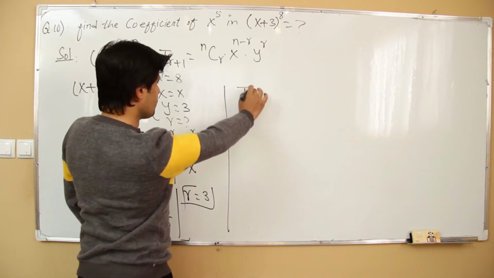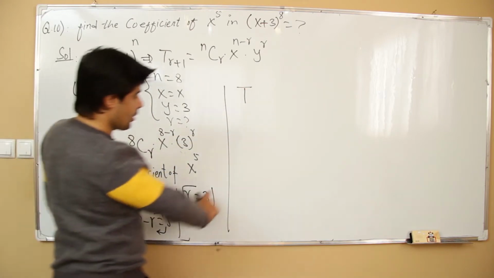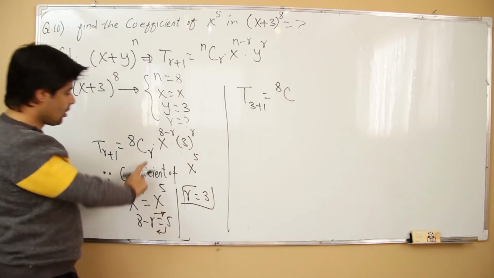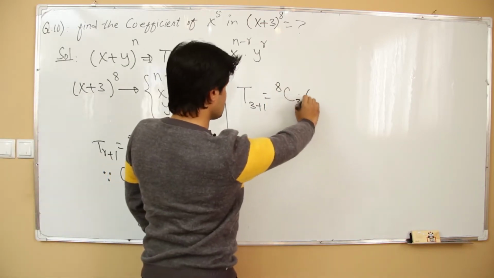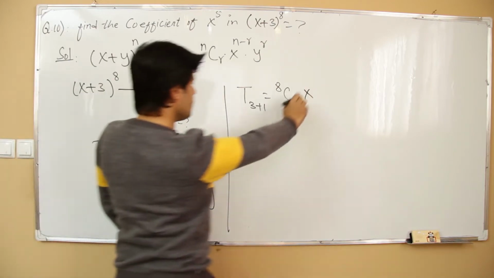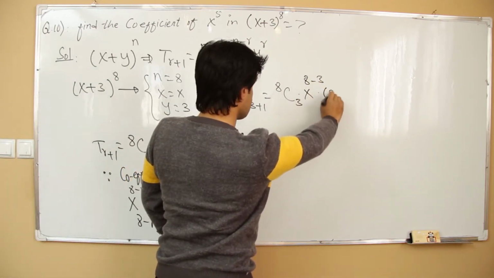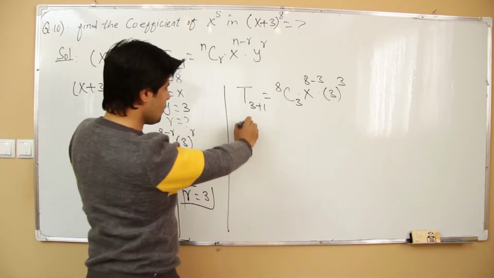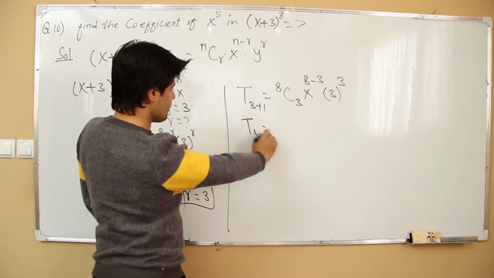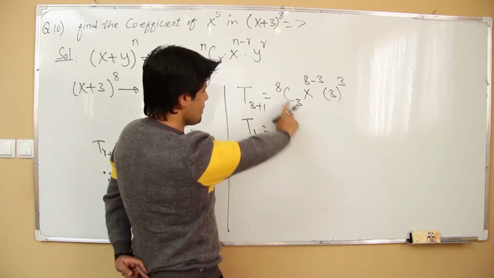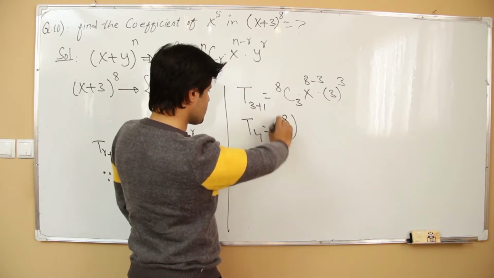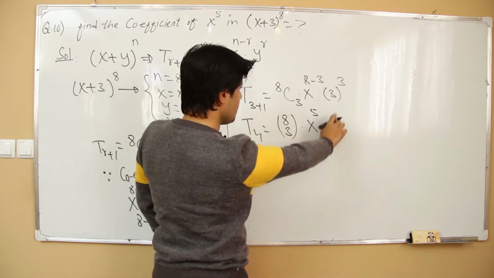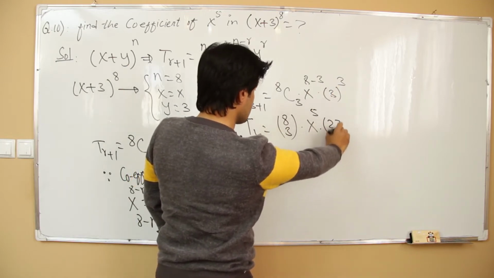Once again, you have to put 3 instead of r in this formula. It's T(3+1) equal, n is 8, C, r is 3, x to the power 8 minus 3 times 3 raised to the power 3. Now T(3+1), it is T4, what does it mean? It means 8C3 times x to the power 8 minus 3 is 5, and 3 to the power 3, it's 27.